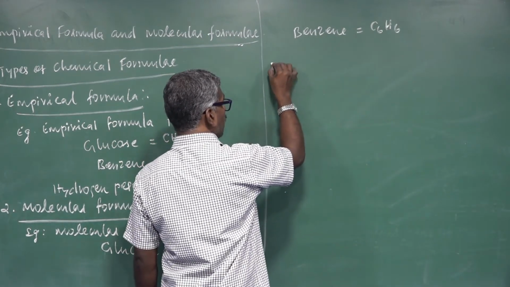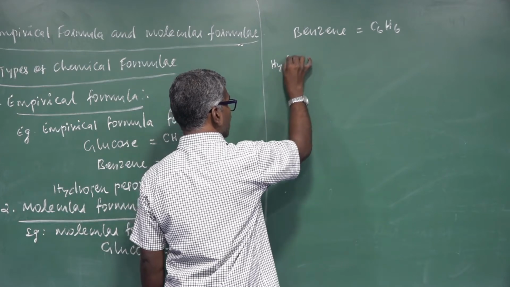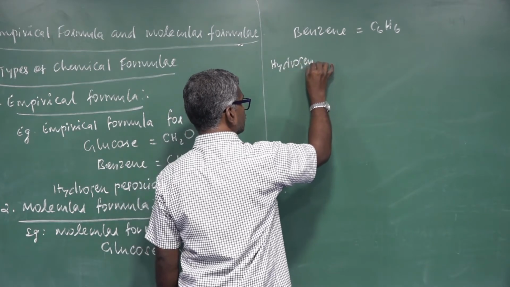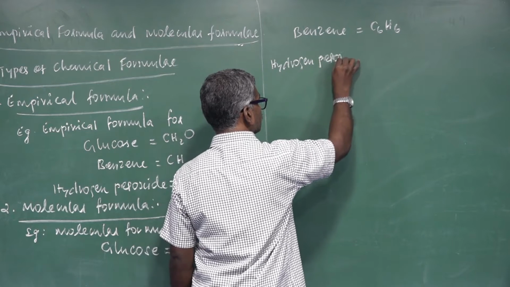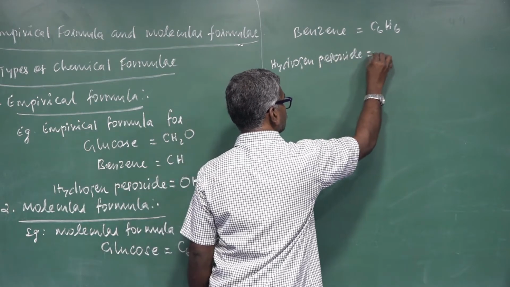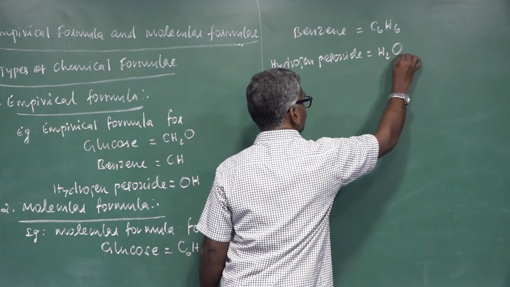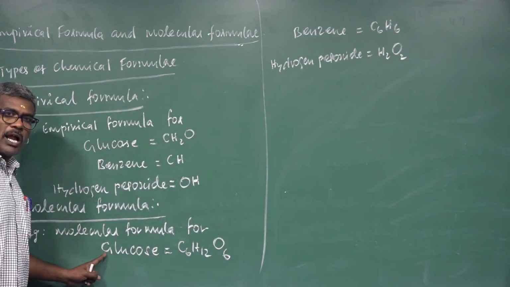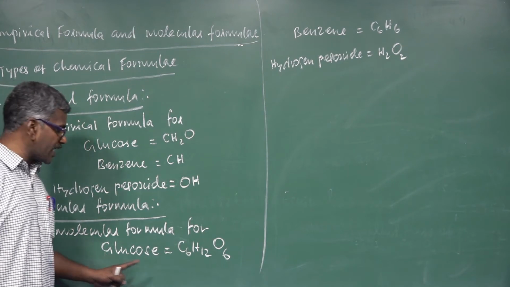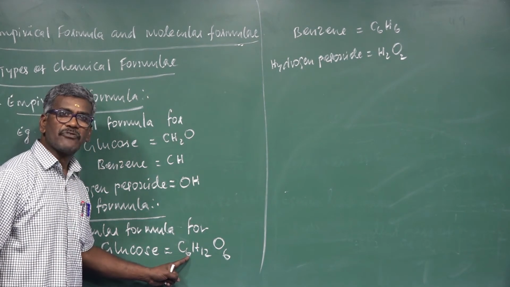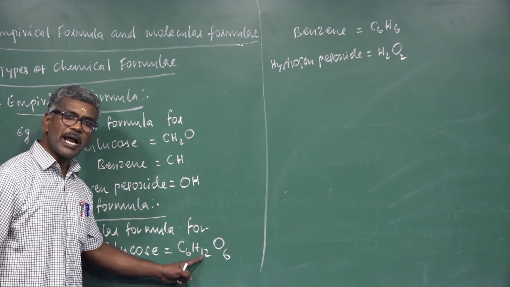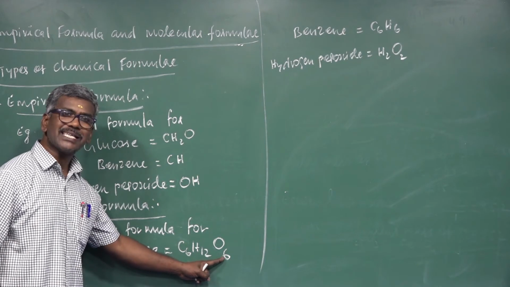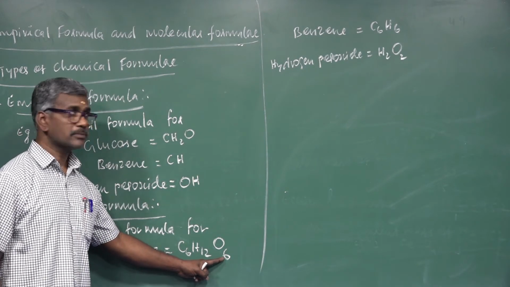Another one, molecular formula for hydrogen peroxide, H2O2. Here one molecule of glucose contains 6 atoms of carbon, 12 atoms of hydrogen and 6 atoms of oxygen.